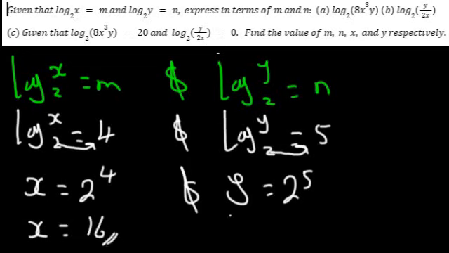That's actually 16. And 2 to the power of 5, that is 2 in 5 places, is actually 32. And we have our final results. Hopefully you now know how to handle some typical word problems involving logarithms.